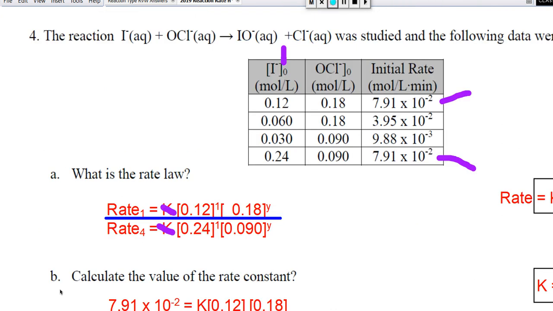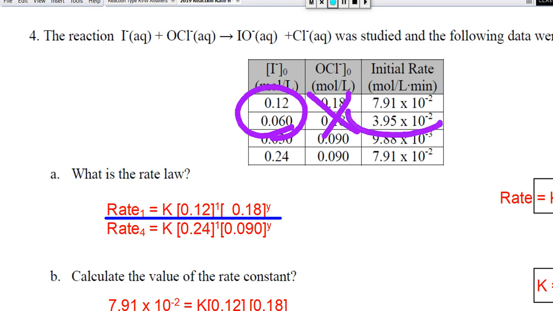Question 4 is also a data-driven one. This one's a bit harder. Let's start off with the iodine. You can ignore all this for right now. We'll come back to that in a minute. But the iodine here is changing. OCl is not changing. And we see the change in the rate.